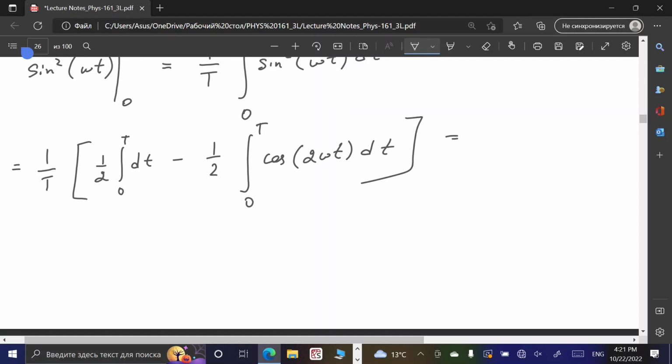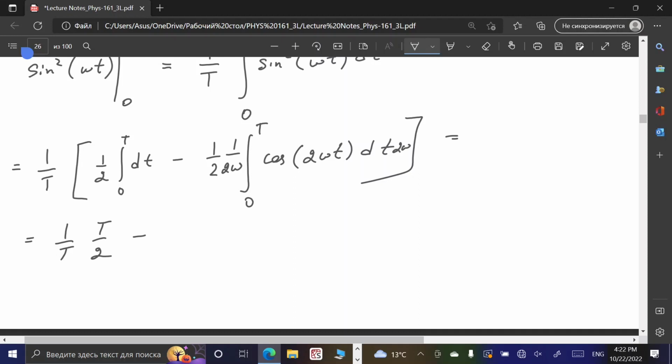So what do we get? For the first one, it will be 1 over T times T over 2. Then minus, and here what we need to do, we need to divide it by 2 omega, and here multiply by 2 omega.